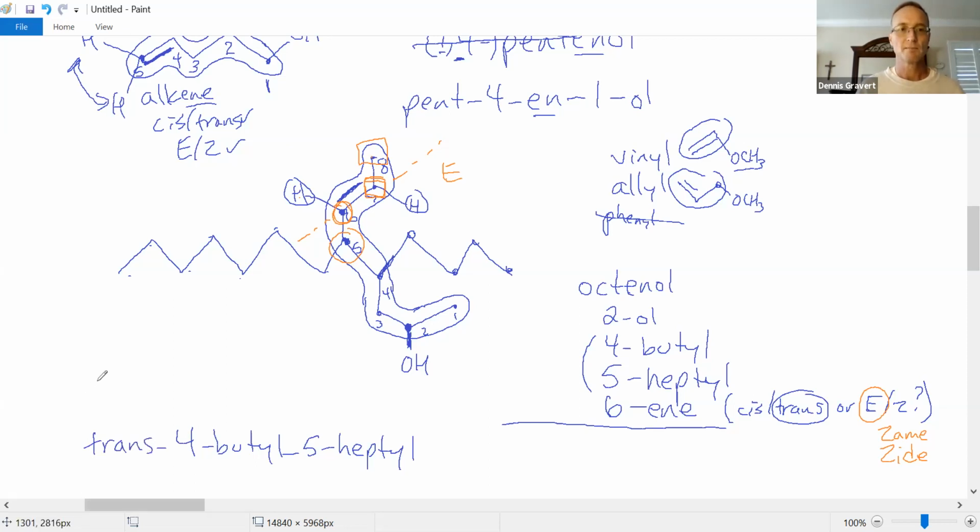You could also use E. Put in parentheses if you're gonna use it. And then I got this group, that group, I got that taken care of. Need the ene, need the parent. Oh yeah, the ene's already in there, the alcohol's already in there, but now you have to put in the numbers. So I'm gonna go oct, and then 6 begins the double bond, the ene group, and 2 is where the alcohol is located. And we have the IUPAC name.